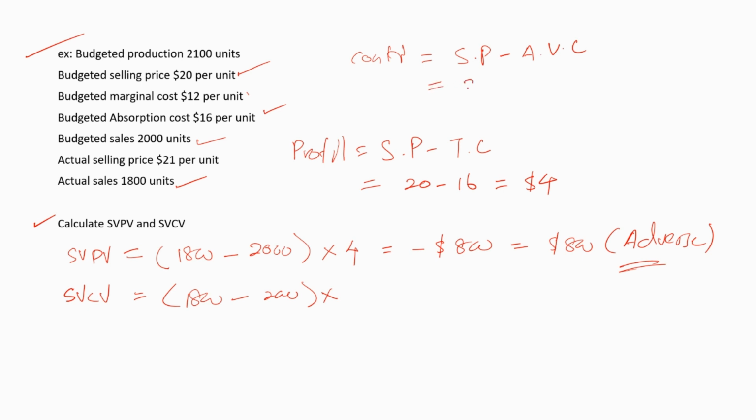So the budgeted selling price is 20 and the budgeted marginal cost per unit is 12. So this is equal to $8. The standard contribution per unit is equal to $8. This is equal to negative $1,600, which means 1,600 adverse.